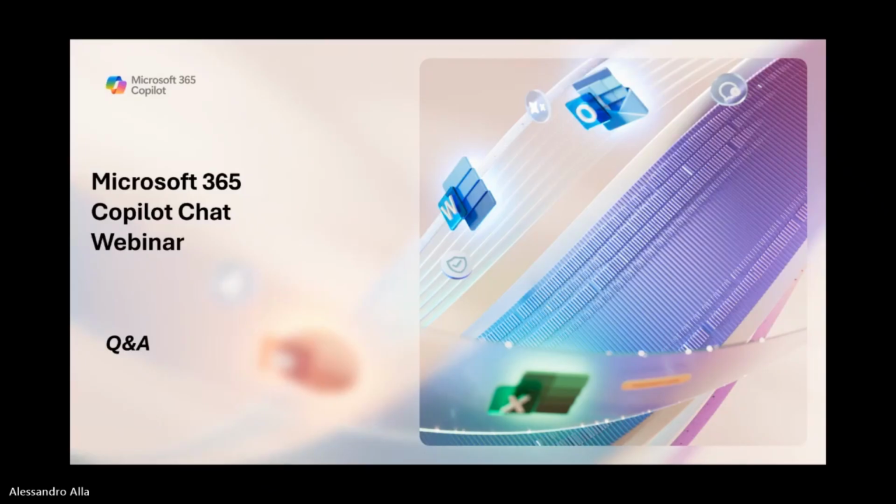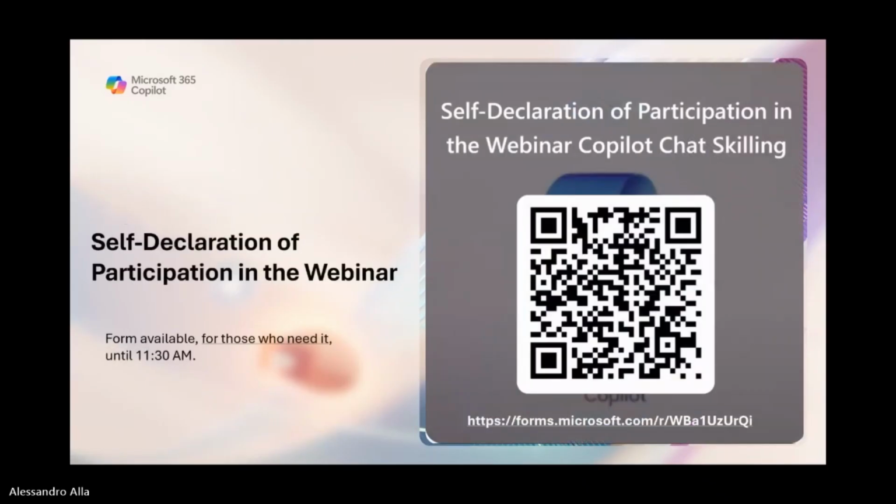The only question that we received is about whether it's possible to get a certificate of attendance from Microsoft for this webinar. And we said that in the next slide we will share the QR code or the link to track the self-declaration of participation.